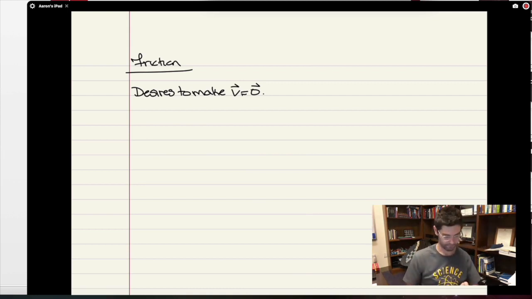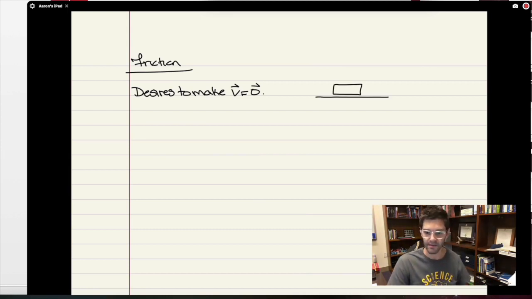So what is friction? If I were to model friction, how might I do that? We've been drawing things as very smooth surfaces and objects. A box, I drew it as a perfect box moving across a perfectly smooth floor. But I could put a magnifying glass up to what's going on here.